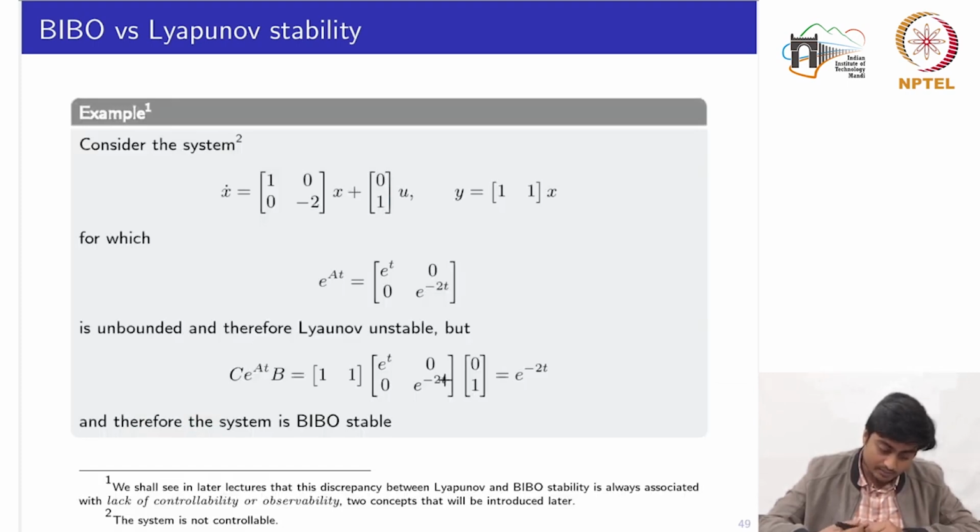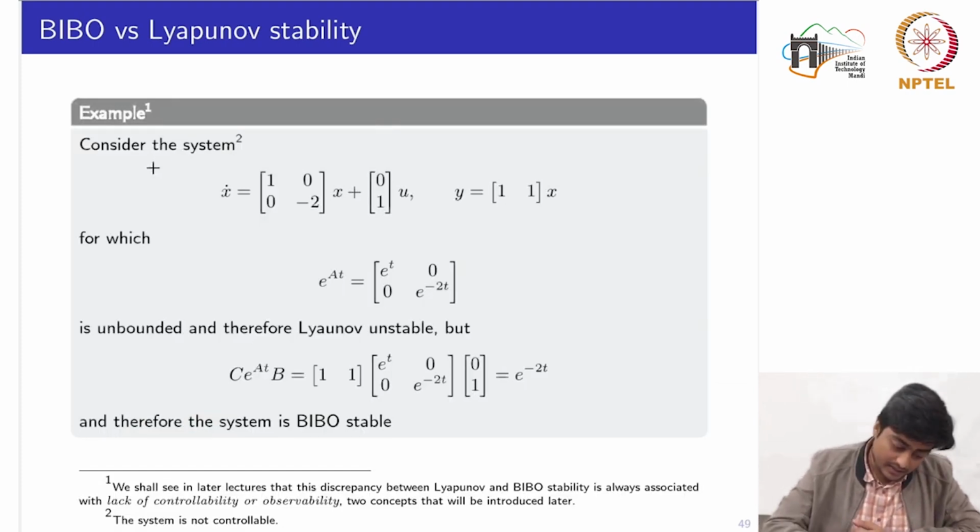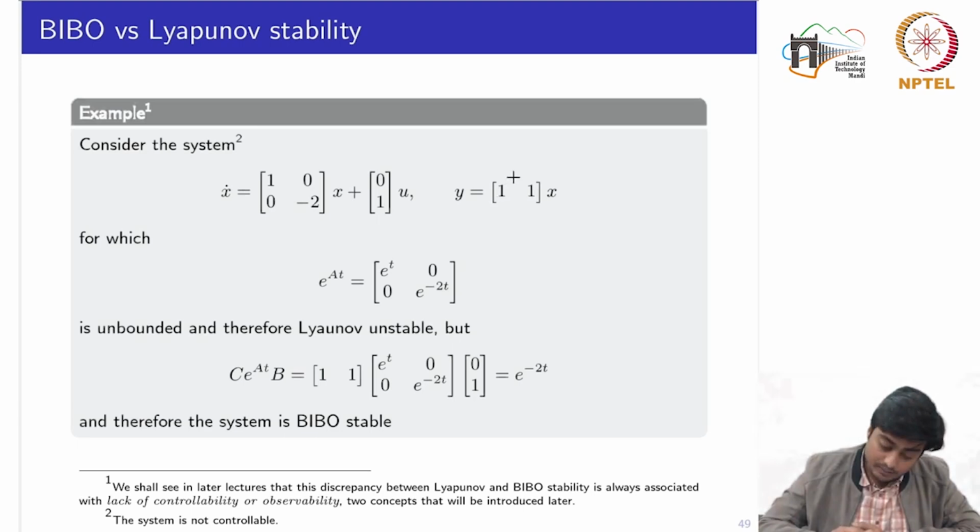Let's consider one example to illustrate this situation. Say for example, we have this system given by these A, B, C, D matrices, where the A matrix is [1 0; 0 -2], the B vector is [0; 1], and C is [1 1]. So basically it is a single input single output system of second order.